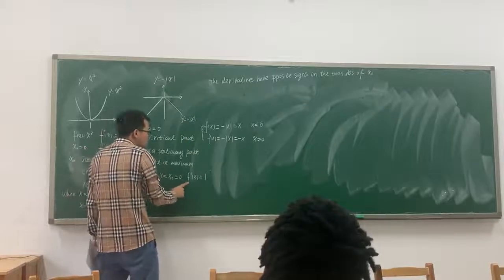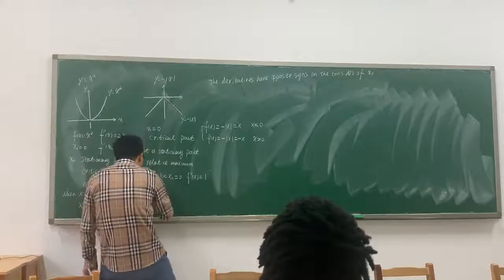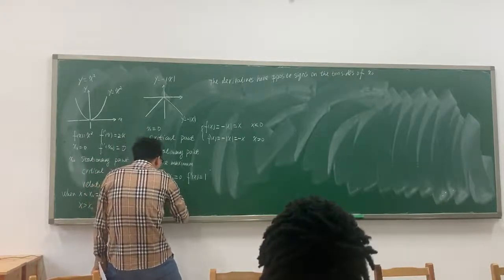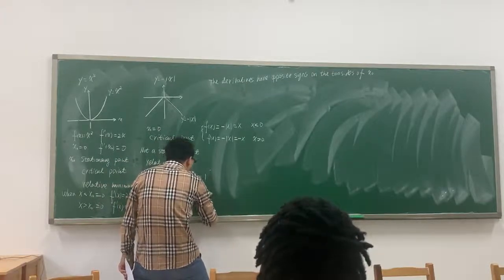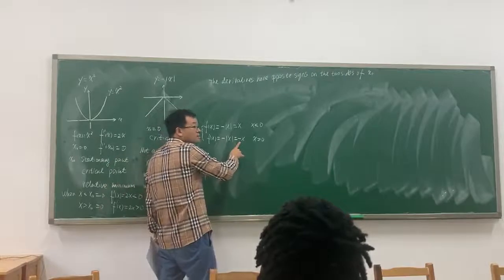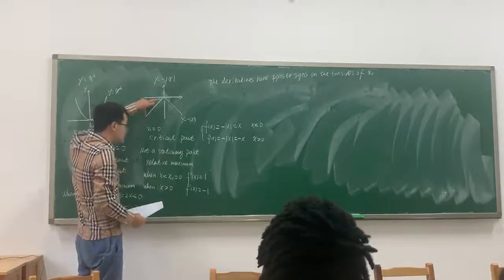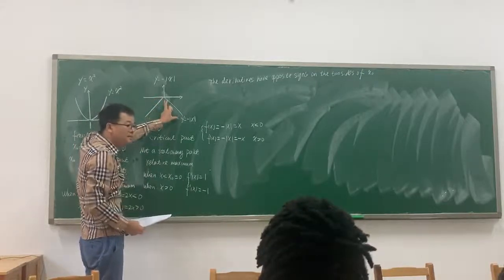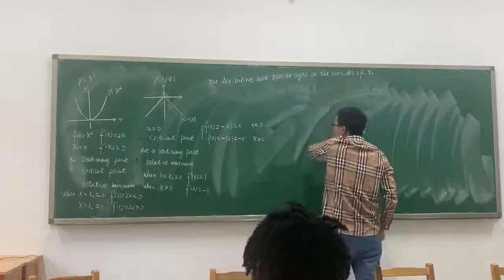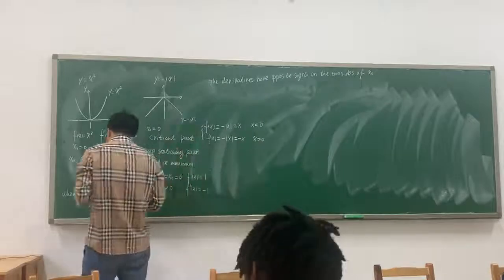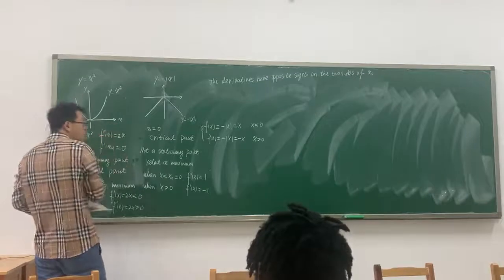When x is greater than 0, f prime x is minus 1, so it's negative. So the left is positive, the right is negative. So of course, the derivative has opposite signs on the two sides of x0. This is the conclusion for these two examples.